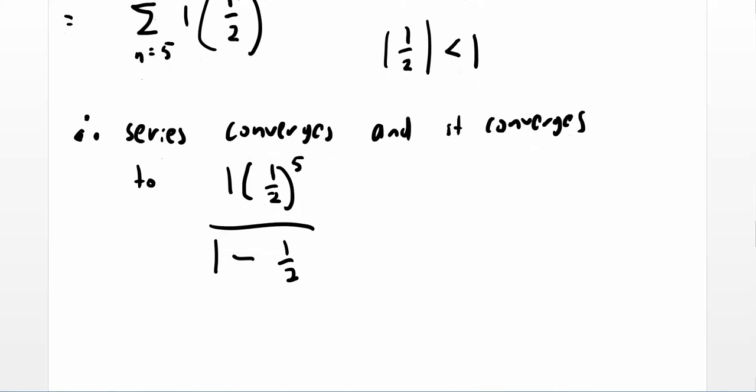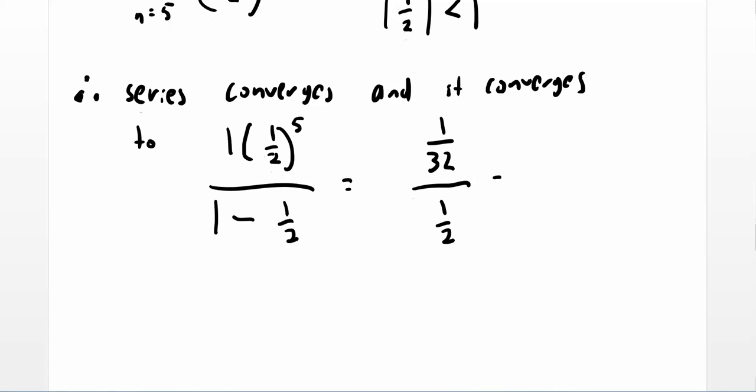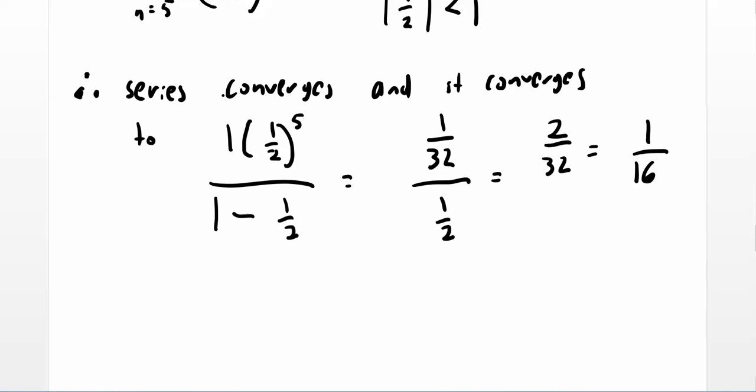And we may as well clean this one up because we can. 1/2 to the 5th, that's 1 over 32. 1 minus 1/2 is 1/2, which is equal to 2 over 32, which is 1 over 16. So that's geometric series.